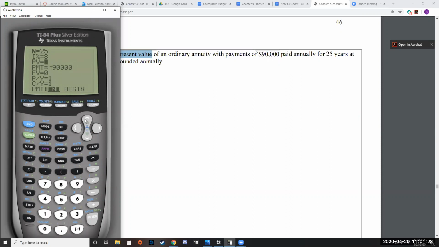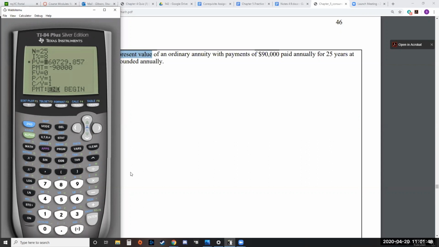All right, this is our setup. We're looking for the present value, so we can do alpha enter on PV. What this is saying is you can either make $90,000 payments for 25 years, or you can make one lump sum investment of about $960,729 and about 86 cents.